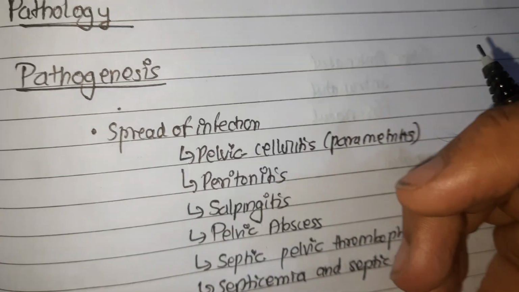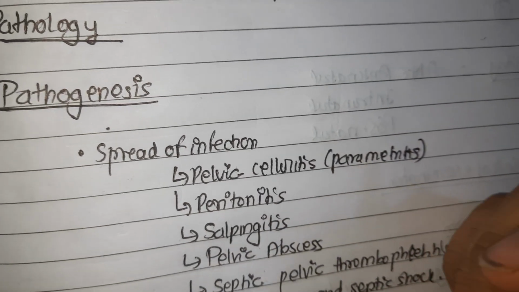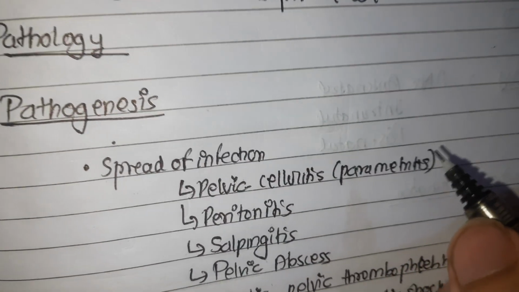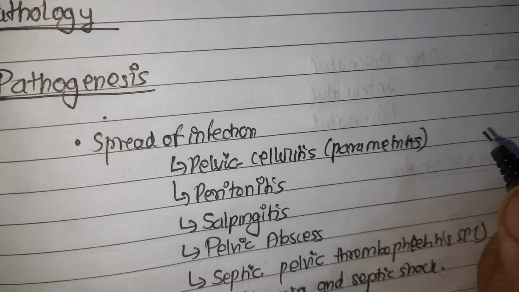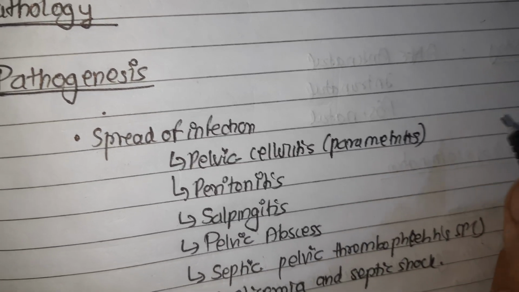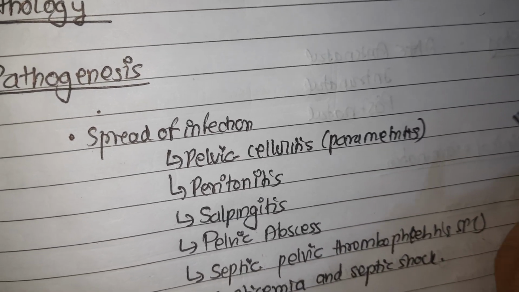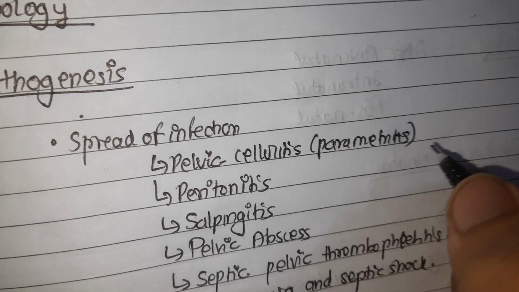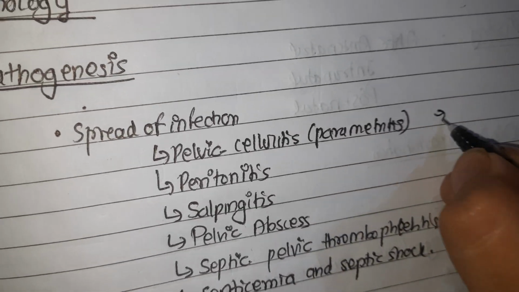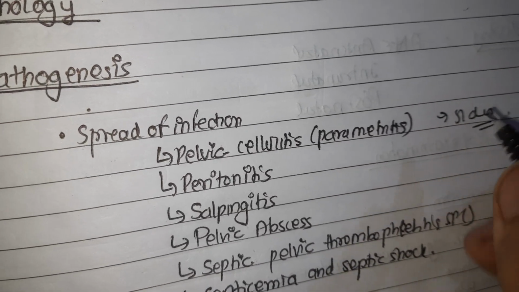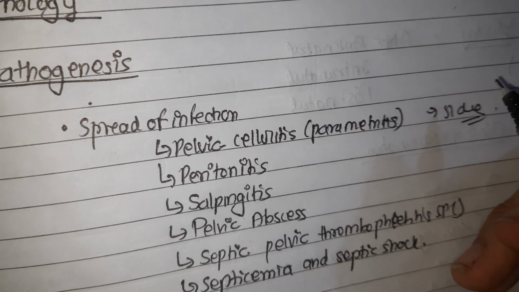And talking about spread of infection, the pelvic cellulitis, parametritis, is due to spread of infection to the pelvic cellular tissue by direct or by lymphatic or hematogenous route. The infection causes exudation and formation of an indurated mass, usually confined to the side of the uterus. In that case, the uterus is pushed to the contralateral side.